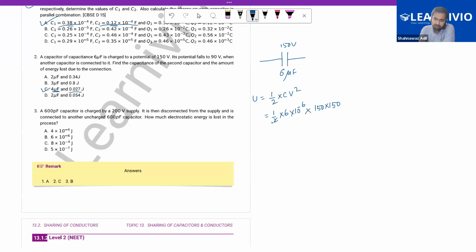So this is 3, and then we have 45 into 15. How much is that? 45 into 15, and then 10 to the power minus, not minus 5, but minus 4.